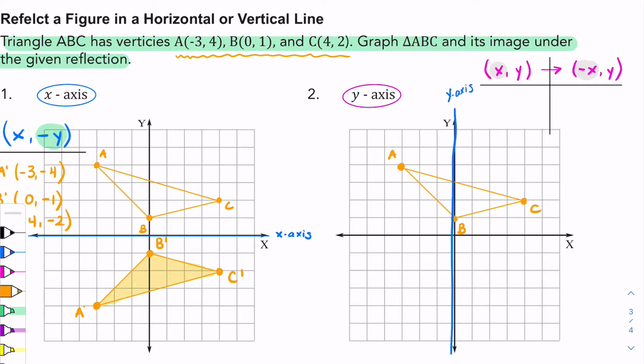Starting with point A. Point A is at -3, 4. When we apply the transformation rule, A prime is going to be -3 times -1, which is +3, 4.